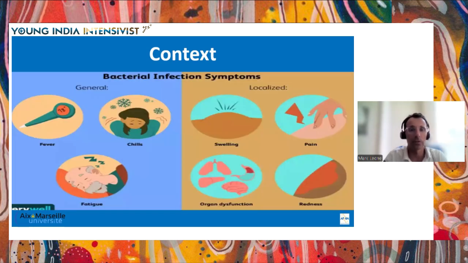So, in front of a patient suspected with sepsis, you have to find some very common symptoms, some general symptoms like fever, chills, fatigue, and some localized symptoms like swelling somewhere, pain, organ dysfunction, redness.